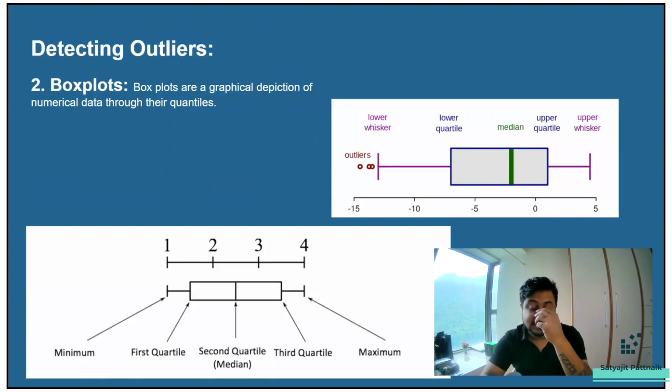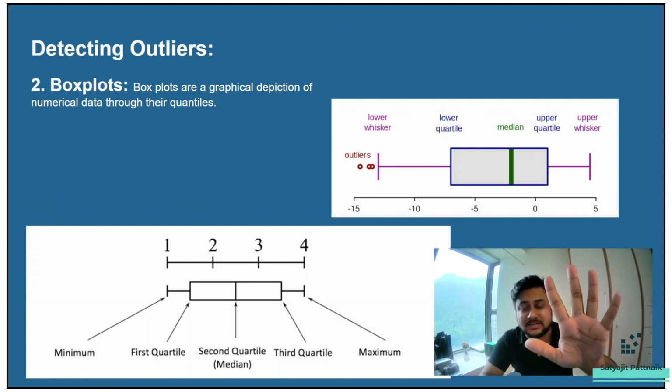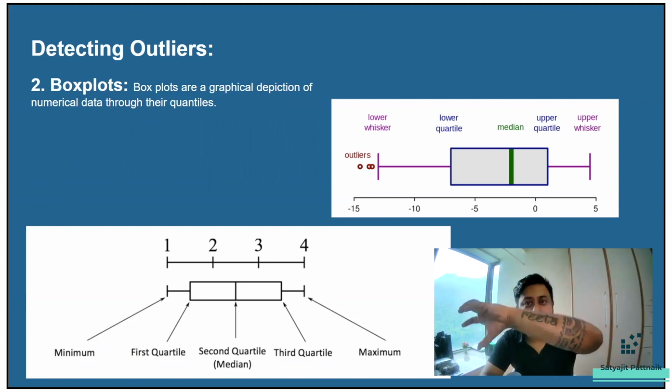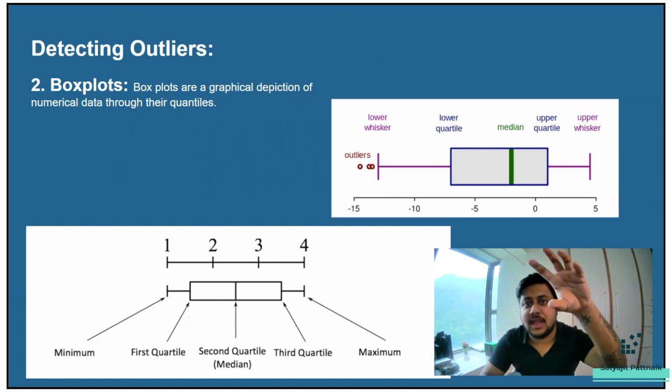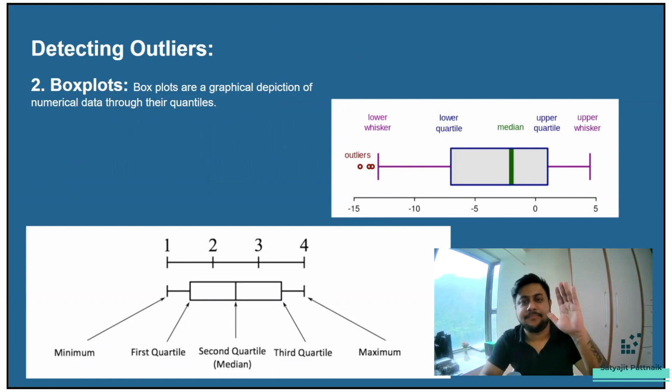Okay, the second technique is going to be detecting outliers using box plots. I already told you what a box plot is. A box plot has 5 important characteristics: minimum, Q1, median, Q3, and max. Sorry, not mean, my bad.